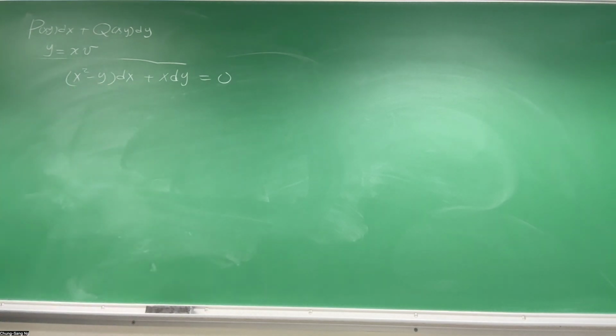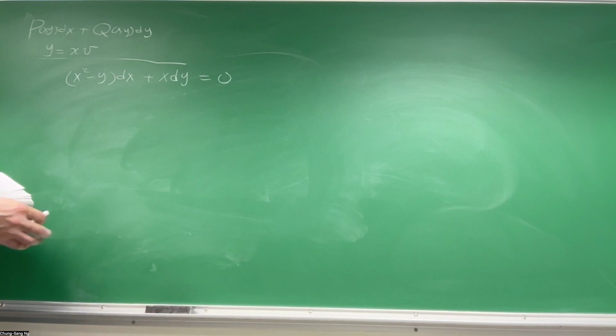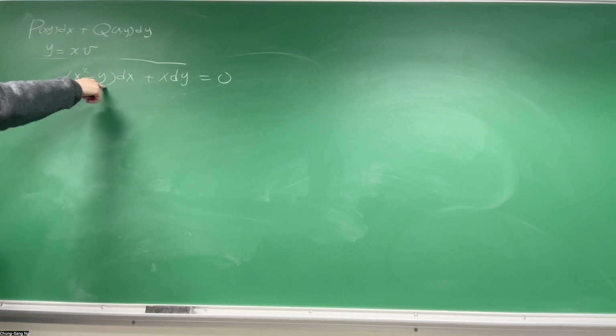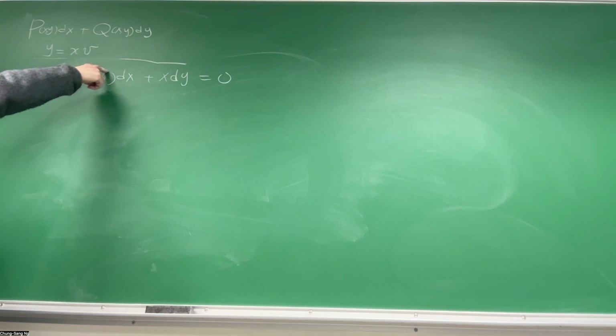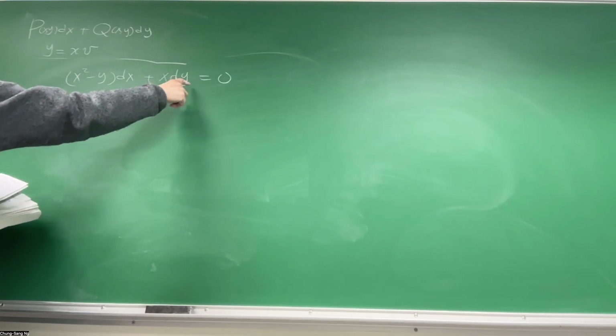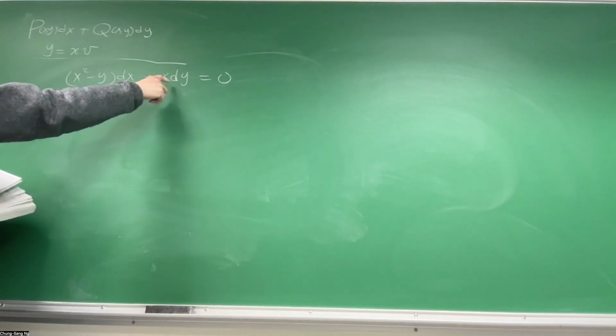If you can choose m so that all terms have the same power after you weight it, then this is isobaric. Obviously, because the first term is 3, then you weight y as 2. Y has a weight of 2, so its original factor of 1, you multiply by 2, and then make it 3. And dy also has a factor of 2, so 2 and 1 is also 3.